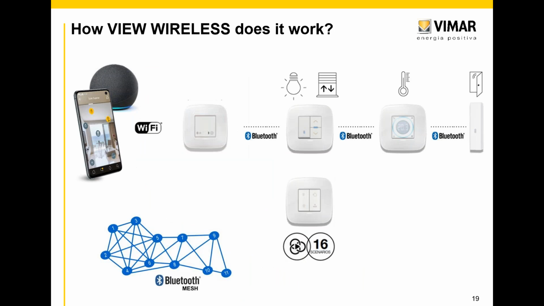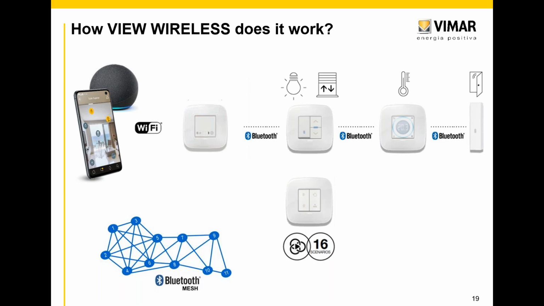View Wireless, our solution, works using the Bluetooth protocol, the Bluetooth connection among devices. What does it mean? Each device uses this protocol to talk with the other devices of the system. But it is not a point-to-point transmission; Bluetooth here uses the mesh network connection. What does it mean?